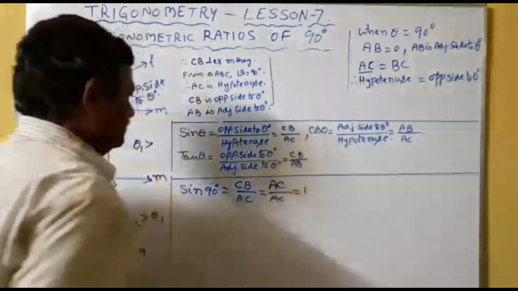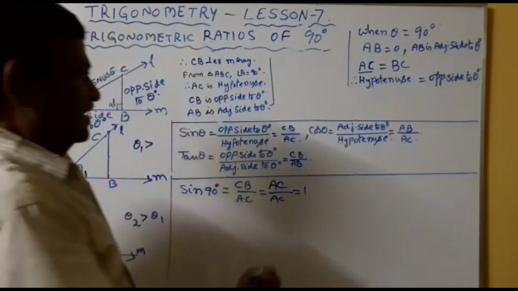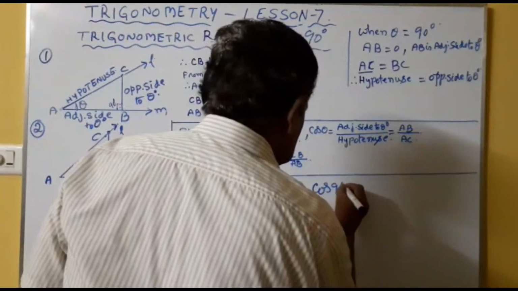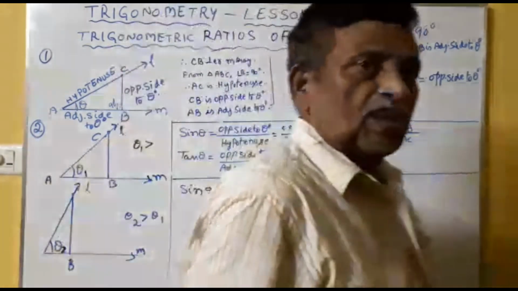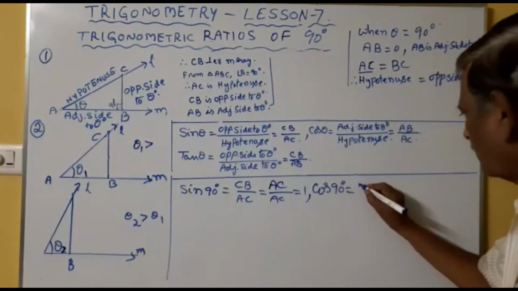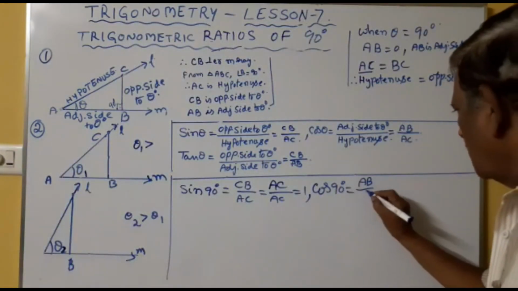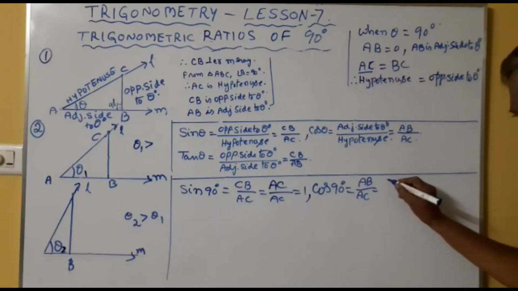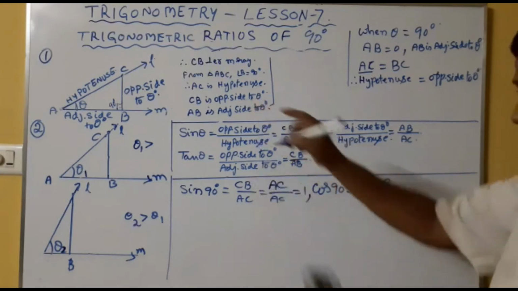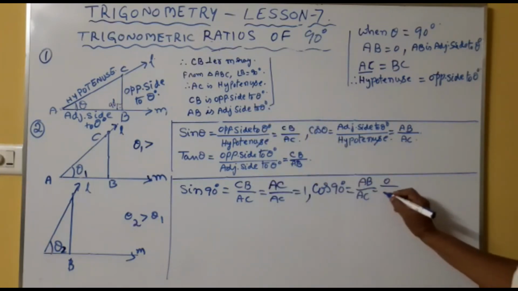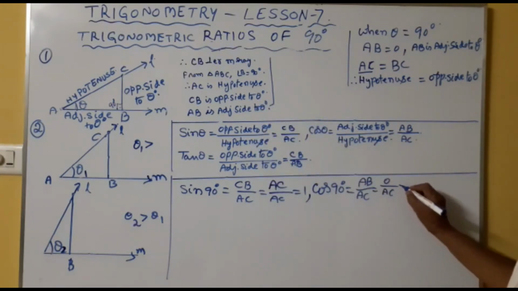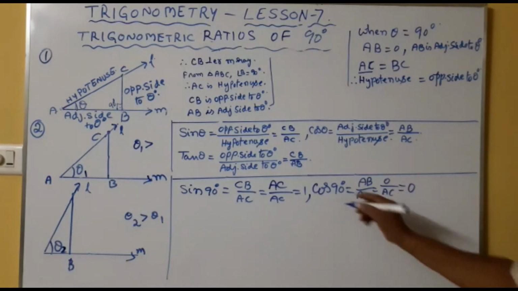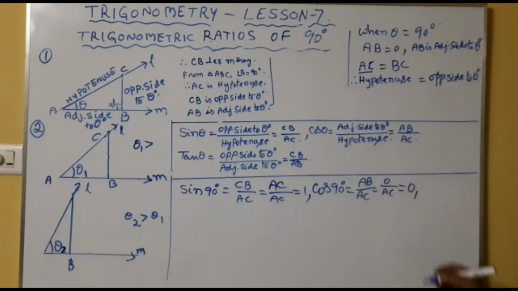This equal to 1. Cos 90 degrees equal to AB by AC. What is AB? AB equal to 0 because A and B coincide. AC equal to hypotenuse. 0 by anything equal to 0. Therefore, cos 90 equal to 0.